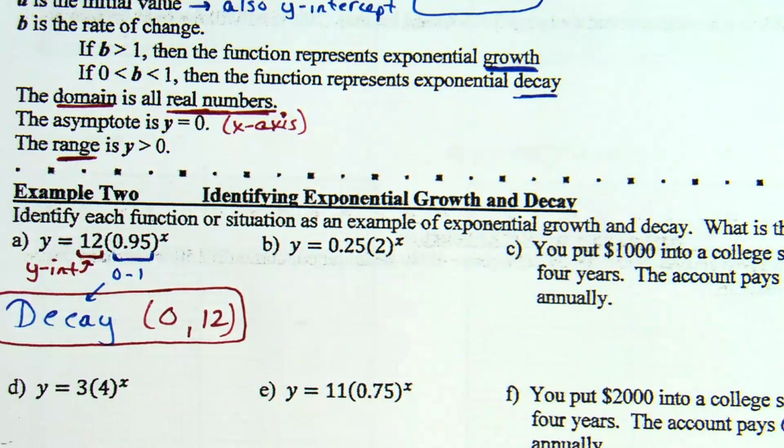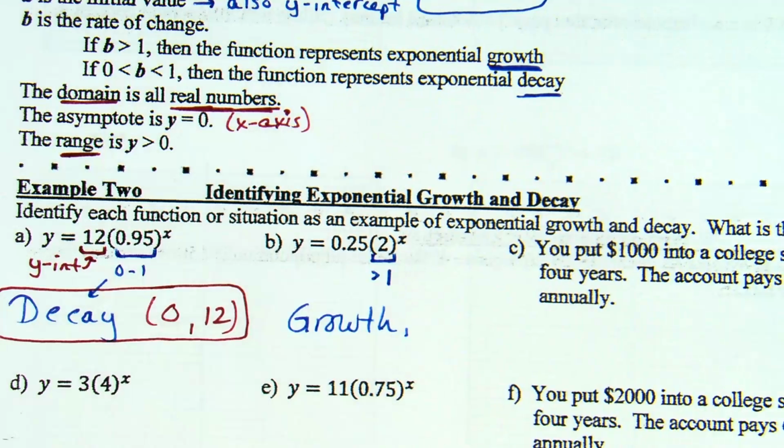So in this case, that 2 is bigger than 1. So that is going to tell me growth. Y-intercept. What is that y-intercept going to be? 0, 0.25. Okay. So remember your y-intercept is that a value out front.